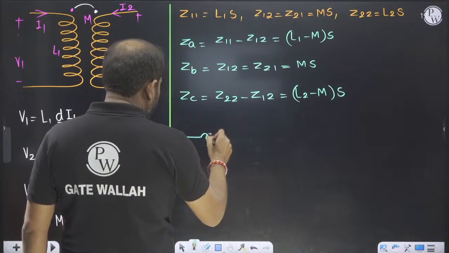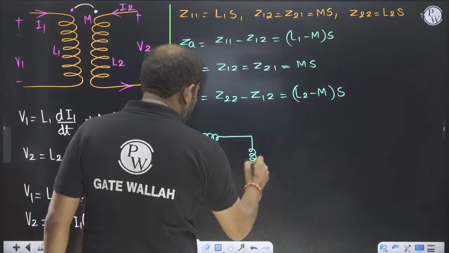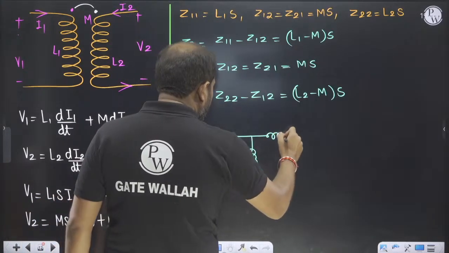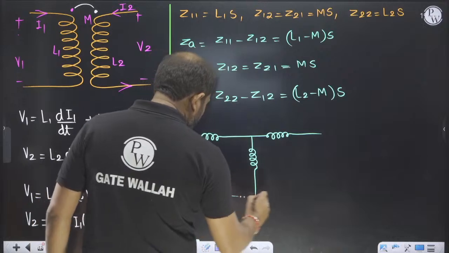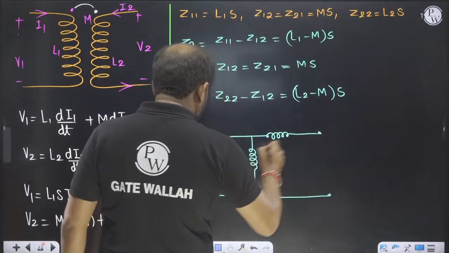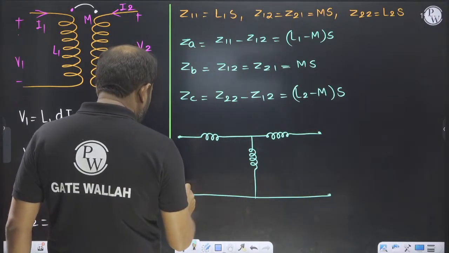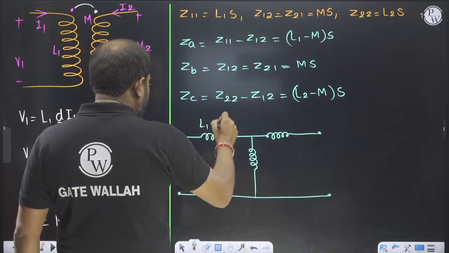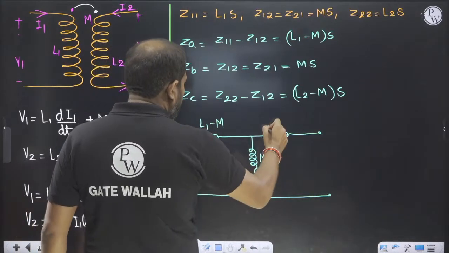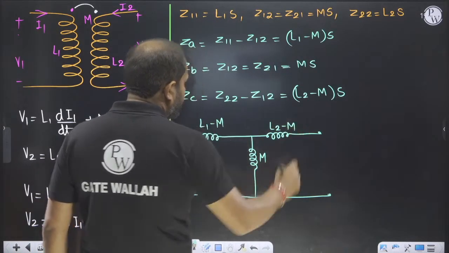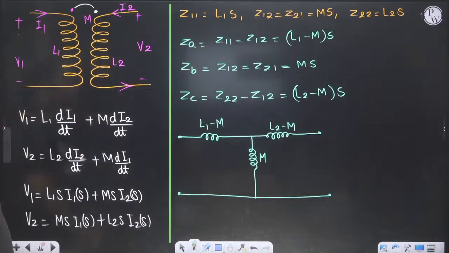So we have this: L1 minus M, L2 minus M. This is our two-port network for this transformer.